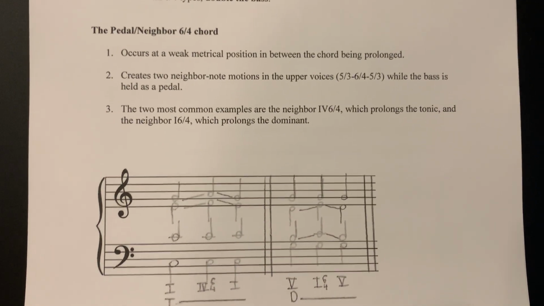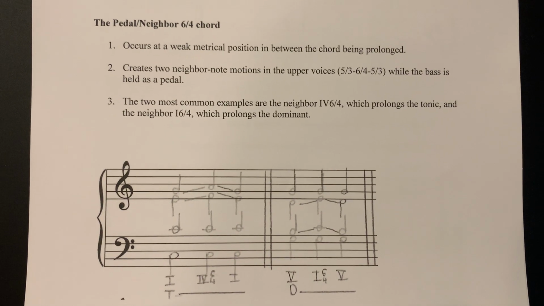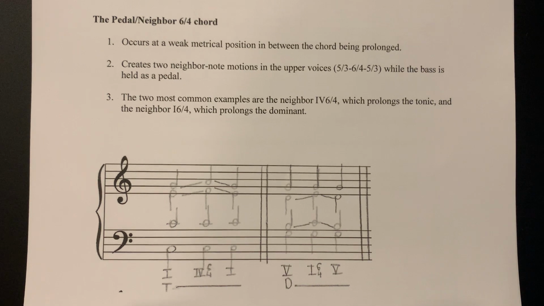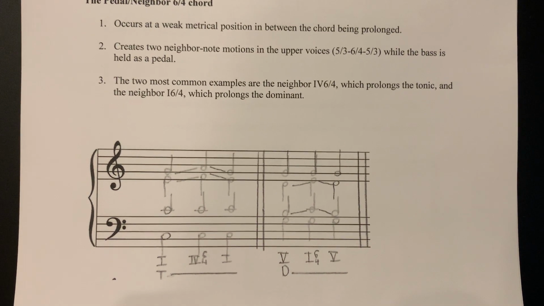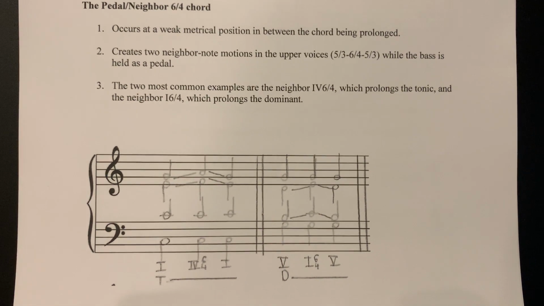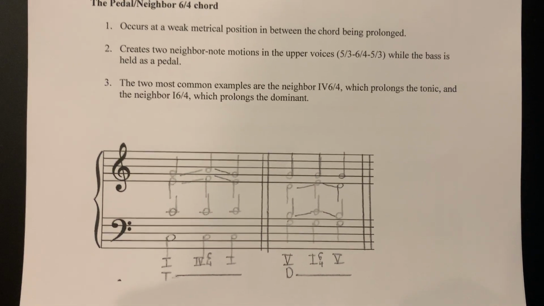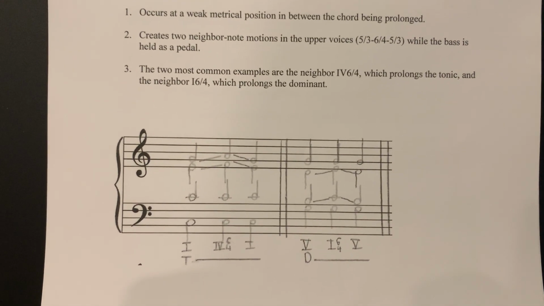And it's going to occur in between the chord being prolonged. And it's going to create 2 neighbor note motions in the upper voices. So the intervals above the bass will be 5/3, 6/4, 5/3. It's basically a complete upper neighbor happening in 2 different voices, while the bass is held as a pedal.